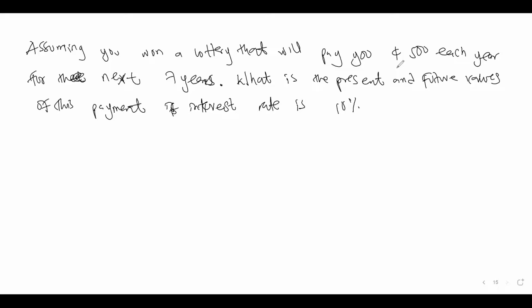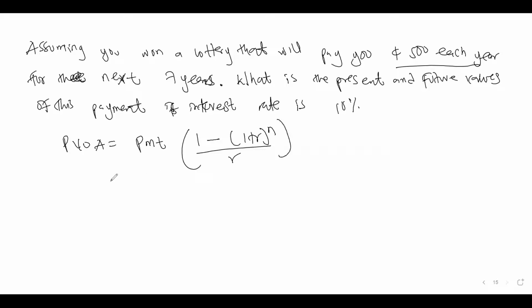Each year makes it an annuity, but the question is whether at the beginning or at the end of the year. So the default we assume is ordinary annuity. So we want to find the present value of ordinary annuity. We all know the formula: payment into bracket 1 minus 1 plus r raised to the power negative n, all over r. So we have 500 into brackets 1 minus 1 plus 0.1 raised to the power negative 7, all over 0.1.